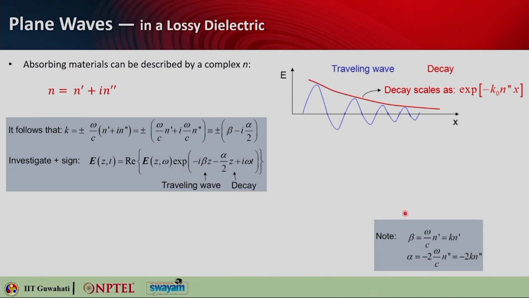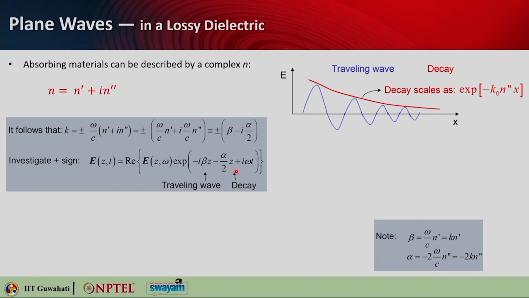You can see this term beta is nothing but k n prime, and the decay term is basically this one. It is beta and alpha. Beta is the travelling wave term, so beta is omega over c n prime, that is k n prime. Alpha is 2 omega by c n double prime, that is 2 k n double prime.